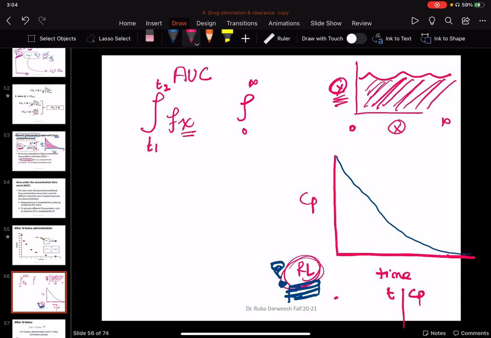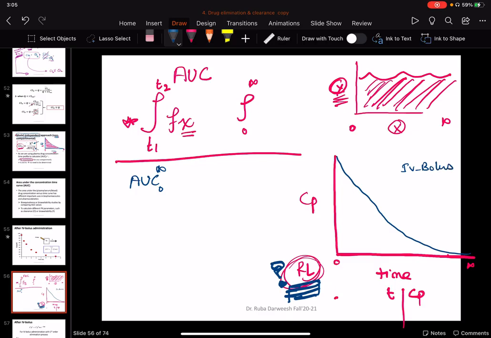And we need again to determine the total area under the curve, which is from 0 to infinity.